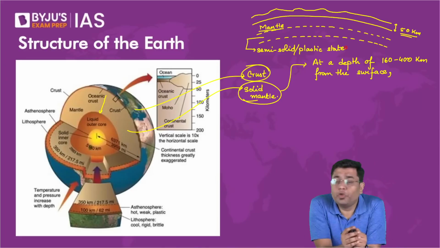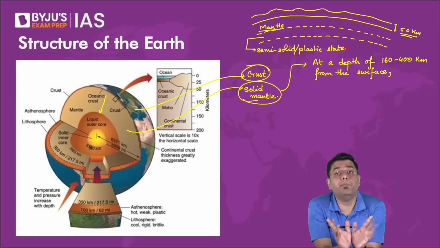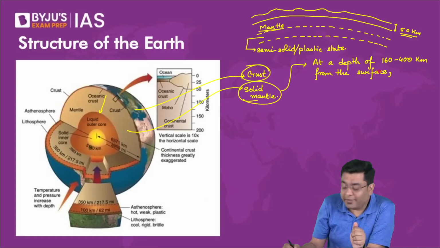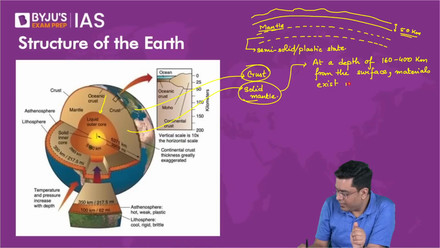Okay, so this is a weaker layer present in the upper portion of the mantle. Not exactly in the uppermost portion, but in the upper portion of the mantle. That is where, at a depth of 160 to 400 kilometers from the surface, materials exist in a semi-solid, weaker state.